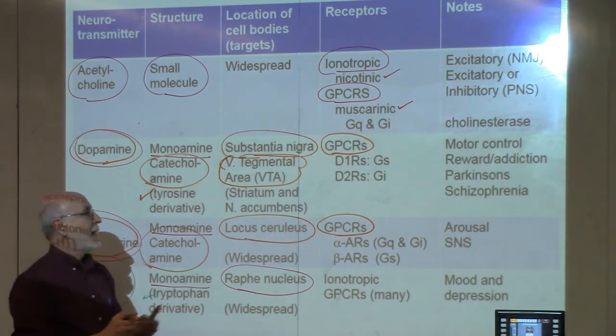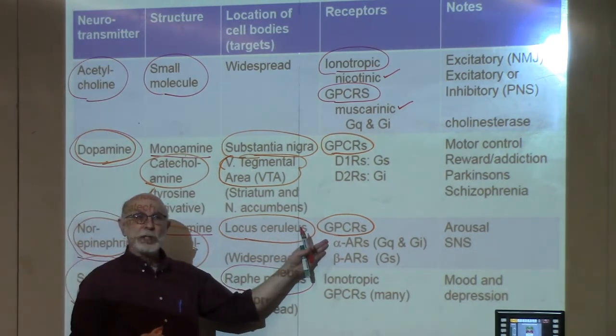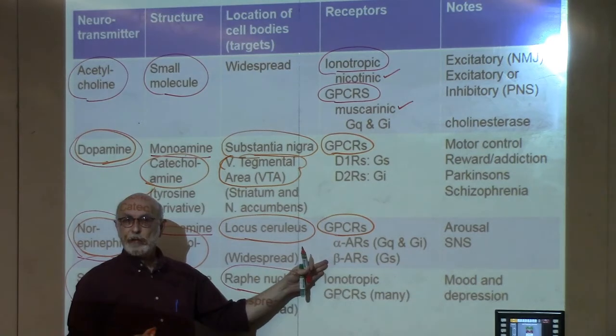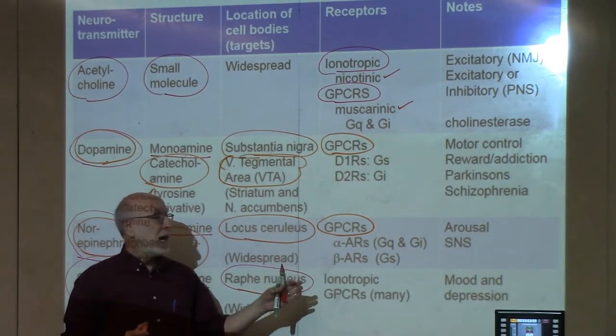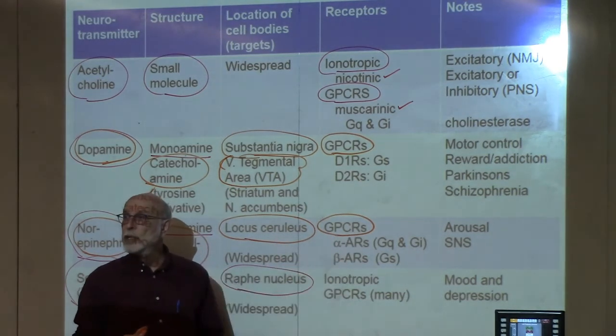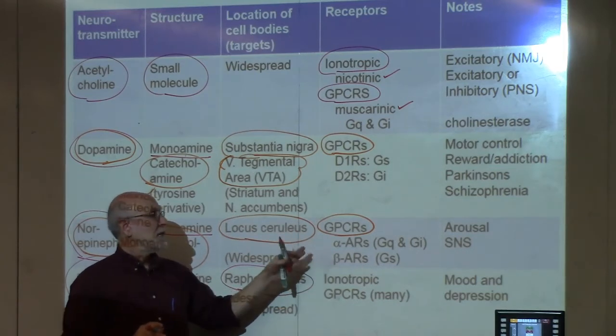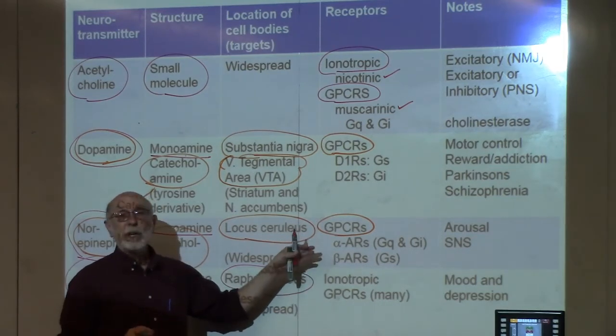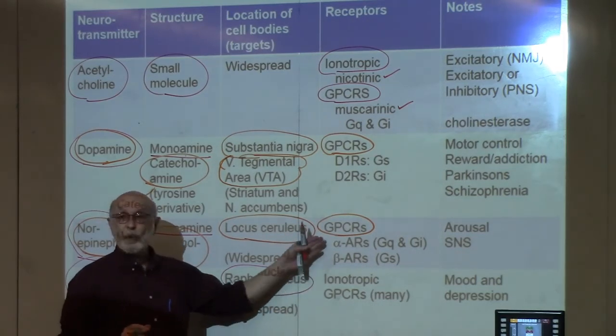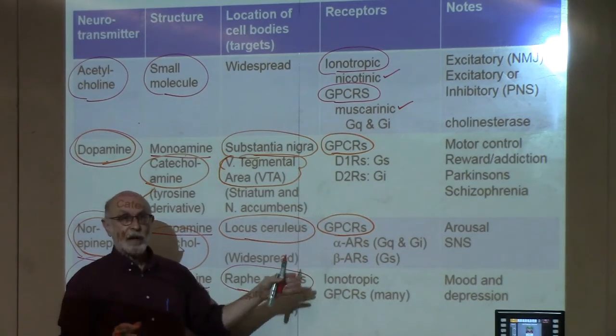Norepinephrine receptors are also GPCRs. We have alpha adrenergic receptors and beta adrenergic receptors. They're all GPCRs, different types, coupled to different G proteins. Let's not worry about the details here. I will, in AMP2, ask you to know this difference, but not here.